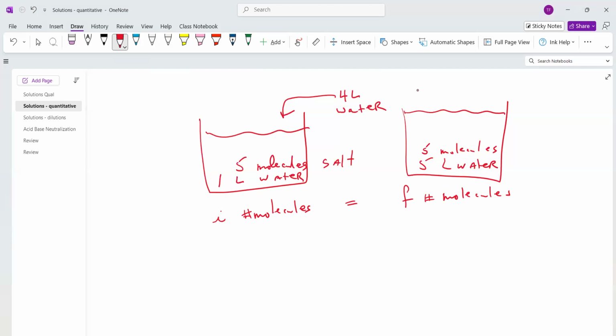If that's true, then the initial number of moles is the same as the final number of moles. So that's the essence of this problem: we have initial moles, final moles. What differs is the number of liters of water or solvent.